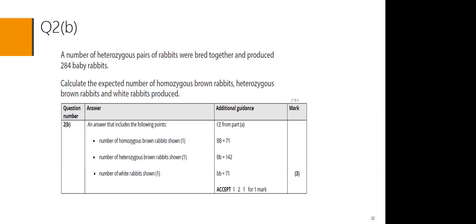Calculate the number of homozygous brown rabbits, heterozygous brown rabbits, and white rabbits produced. Because this is 3 different calculations with 3 different answer lines, there is no carry forward within the question. However, there is carry forward if they got incorrect ratios in the previous part.